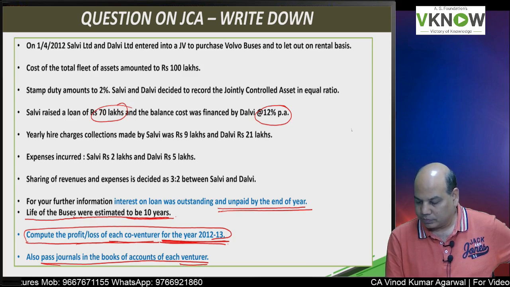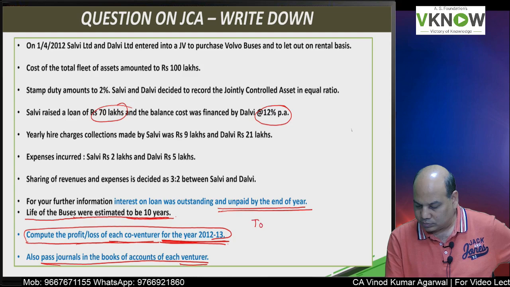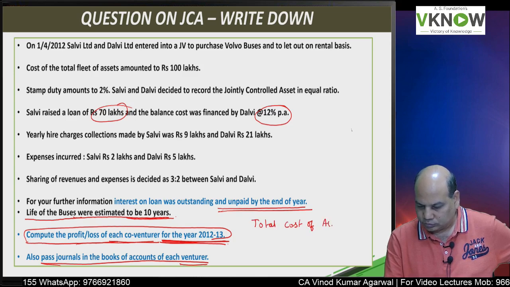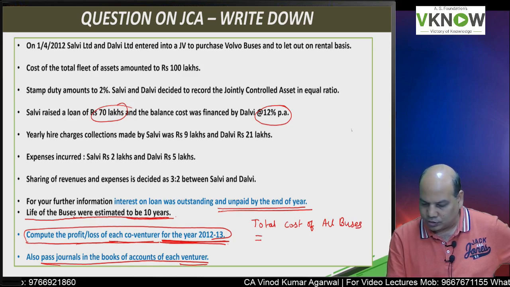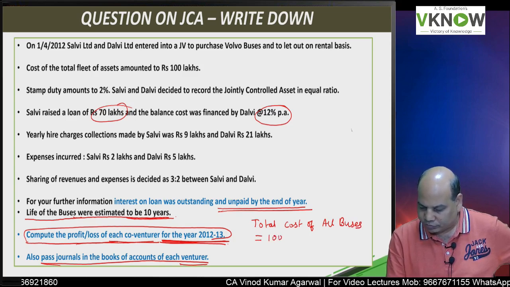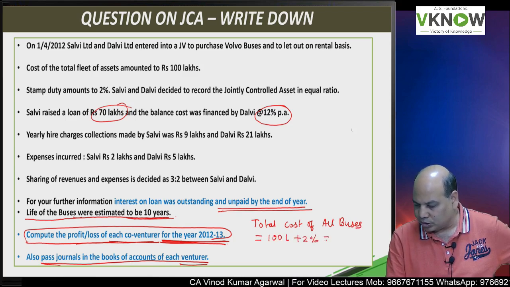Is it right? So first you write down total cost of all buses. Total cost of all buses will be 100 lakh plus 2% stamp duty, 102 lakhs.